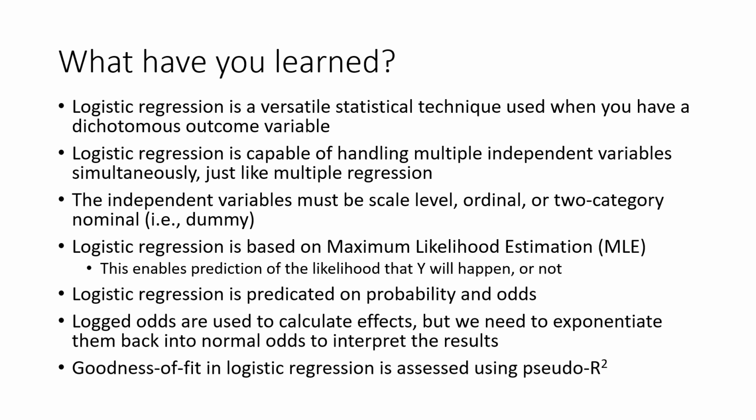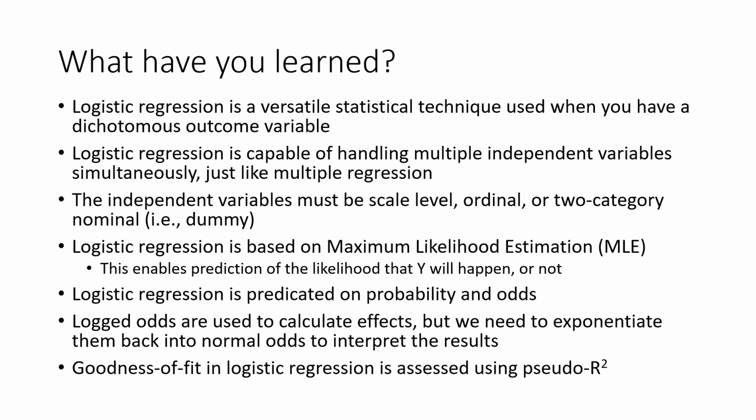There are a lot of different ways you can express these types of results. Logged odds are used to calculate the effects because they fit nicely onto the sigmoid distribution, the S-shaped distribution. But logged odds in and of themselves aren't very intuitive, so we need to exponentiate those logged odds back into normal odds in order to clearly interpret the results of a logistic regression.